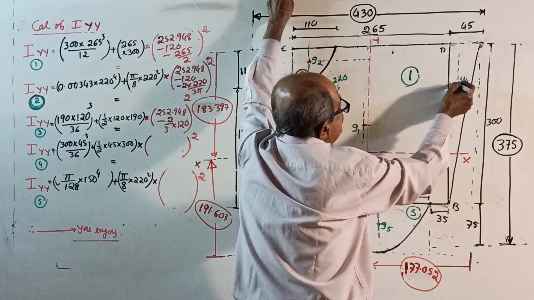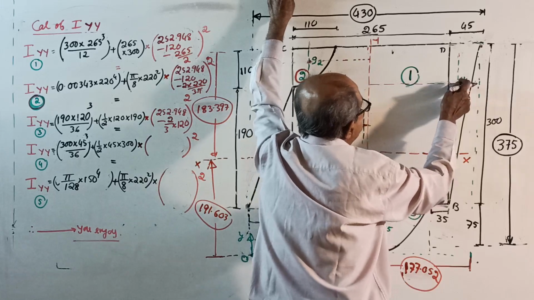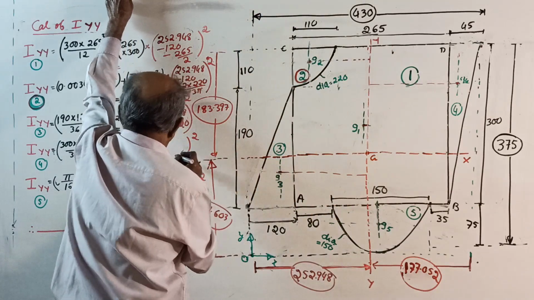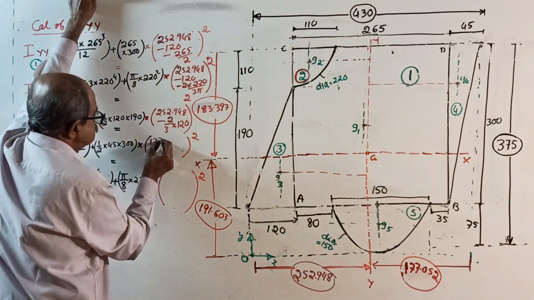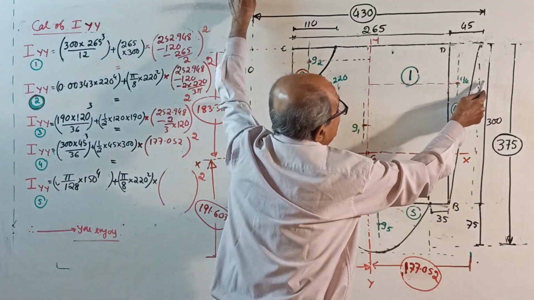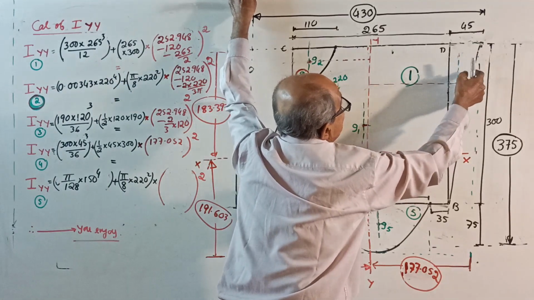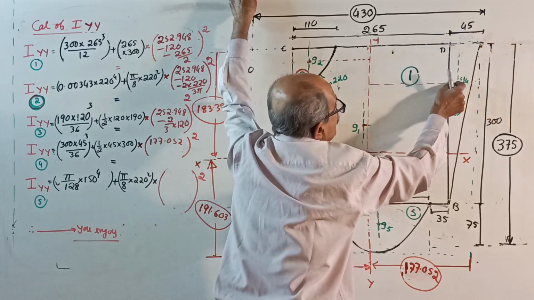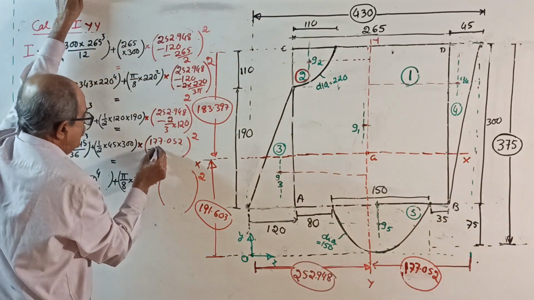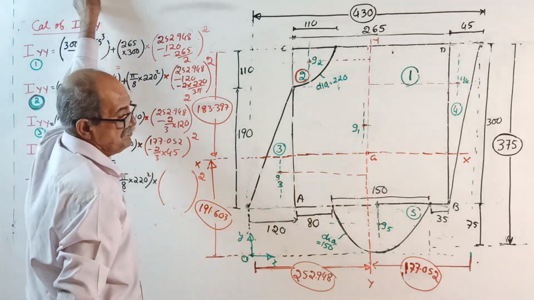Area into from G4, see, this distance square, that is 177.052, that is from here up to extreme end here, subtract this distance, see, this distance, this is 45 means this is 1 by 3, this is 2 by 3, minus 2 by 3 of 45 whole square.